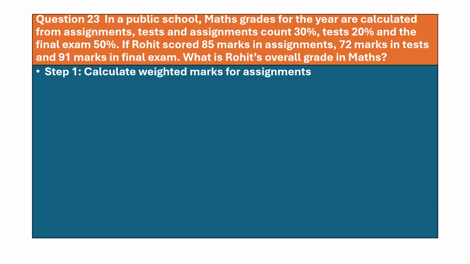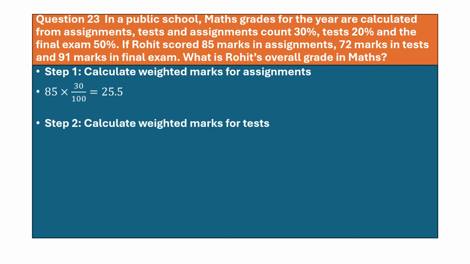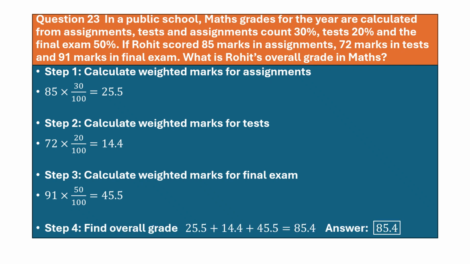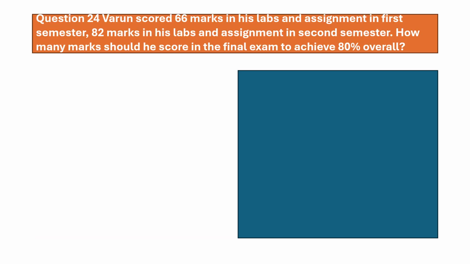You need to calculate the weighted marks, taking the percentage one at a time, and you will get 25.5, 14.4, 45.5. When you calculate, you will get a total of 85.4. Children, sometimes in the textbook the answer varies, but here the calculations have been rechecked, so you can solve the questions without tension.